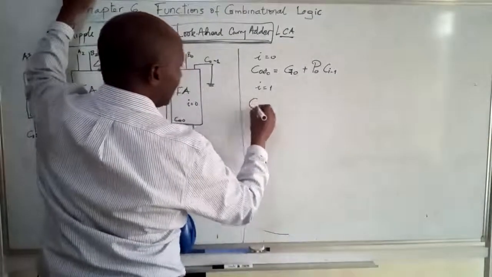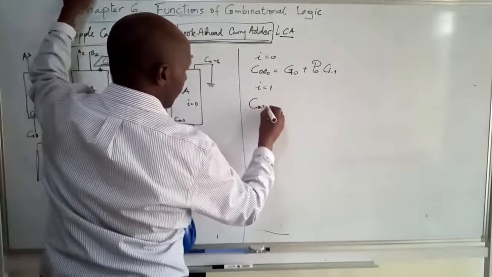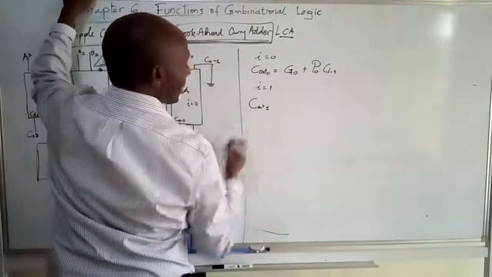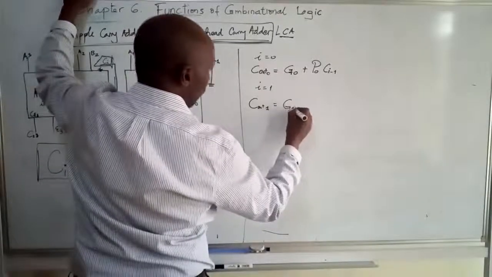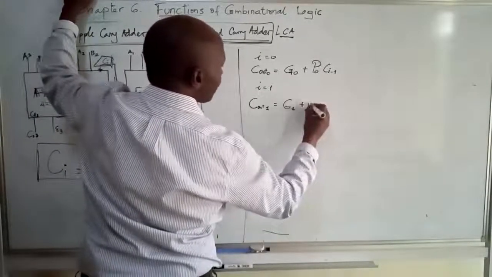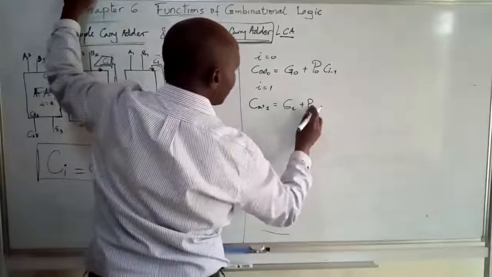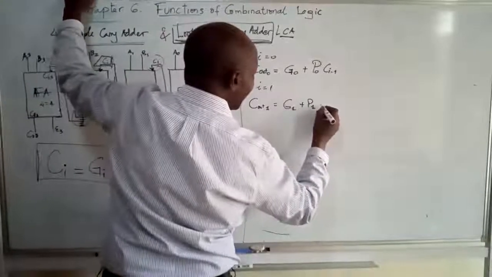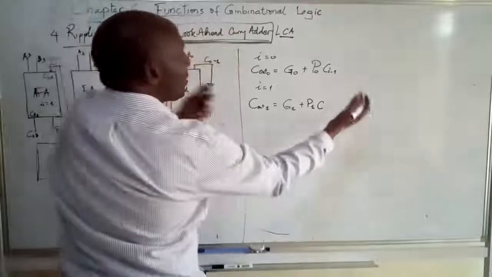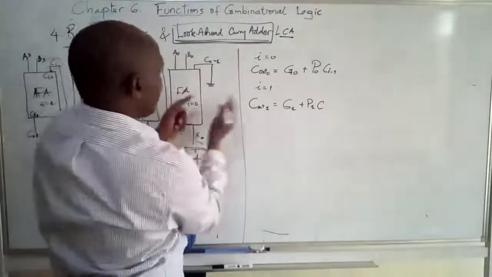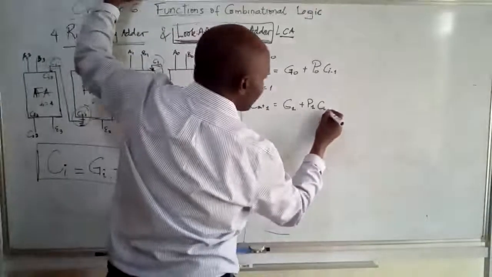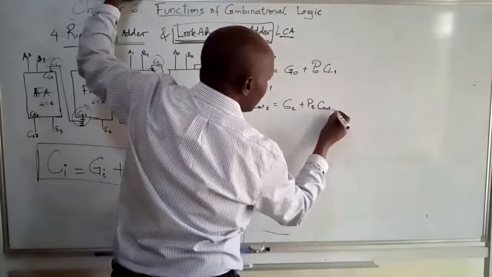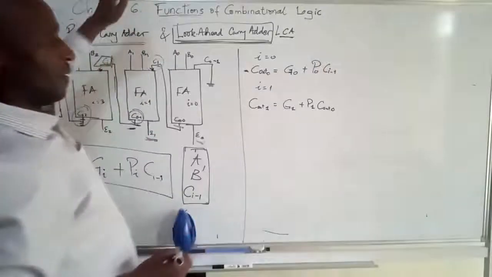We will have carry out 1. It's okay. Will be equal to G1 plus P1 and carry out of the previous. What is the previous? The previous is this one, C out 0. You see?